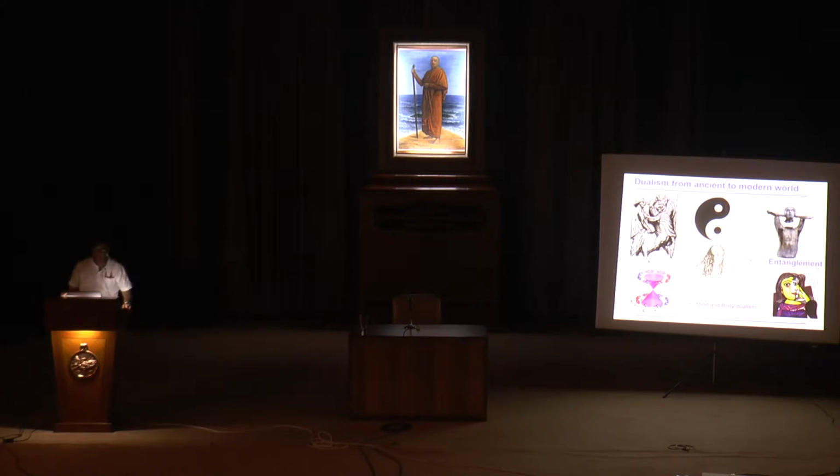So the first one, that dualism. This idea of dualism or dualistic world is there everywhere in the world. It's not only in India, even you can find artifacts from other civilizations. But the important thing is how it influenced modern science. For example, we know that Newton, Leibniz, they were very much influenced by dualism.